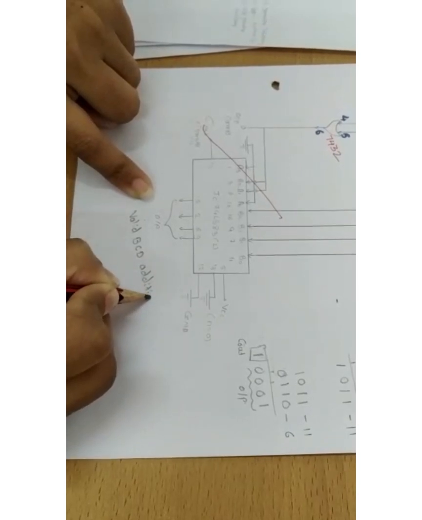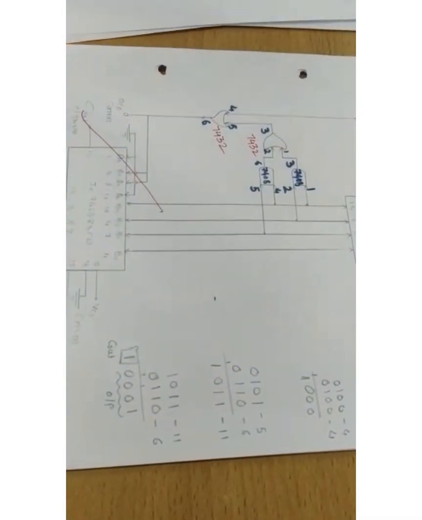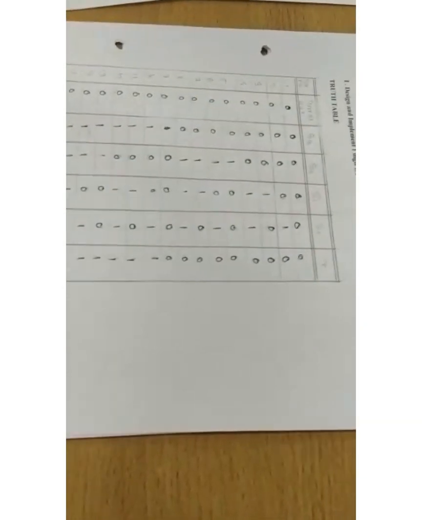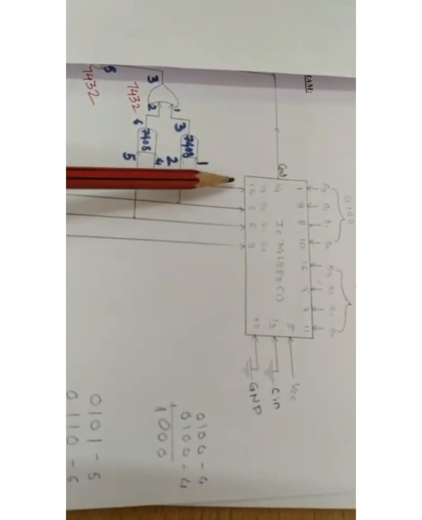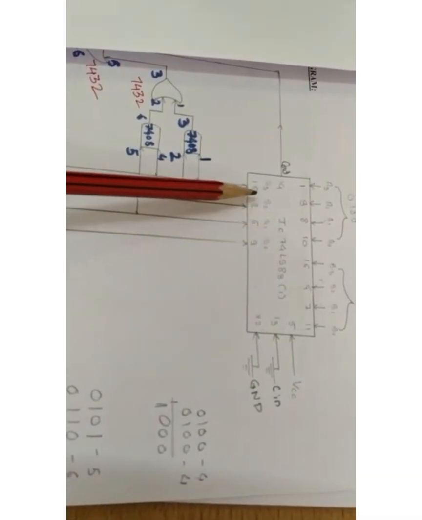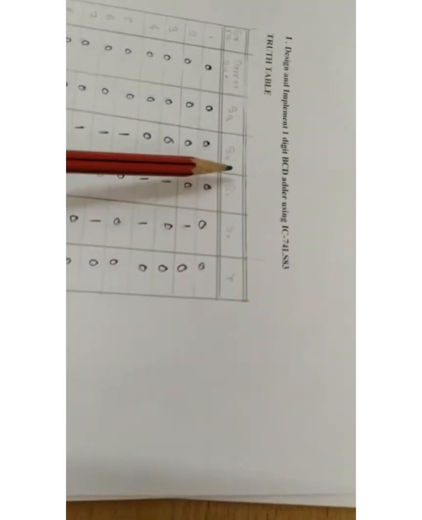Okay, so for this circuitry we have to use the truth table. I am going to show you the truth table. In that, the IC's outputs are 4 outputs, S0, S1, S2, S3, and one is C out. So here S0, S1, S2, S3 and C out, total 5 bits are inputs.